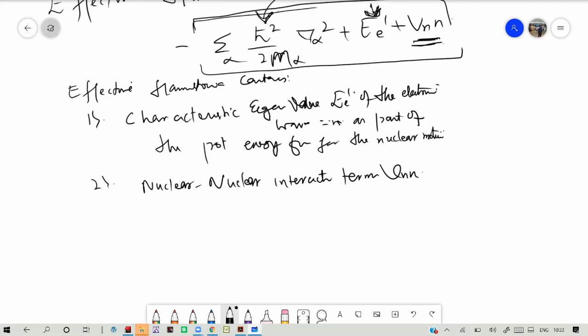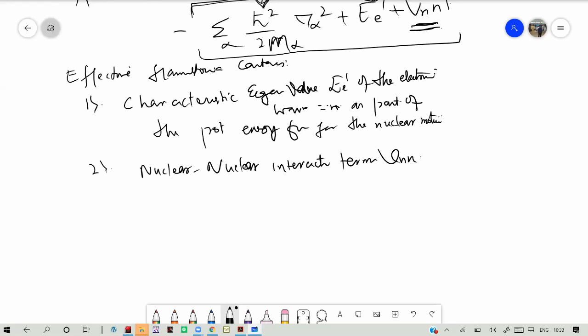So from this, we can conclude that the wave equation, which is He psi E equal to E dash psi E, this wave equation for a given electronic state of the molecule, that means for given electronic states, all the states of all the electrons combined, we solve this for a range of nuclear coordinates.